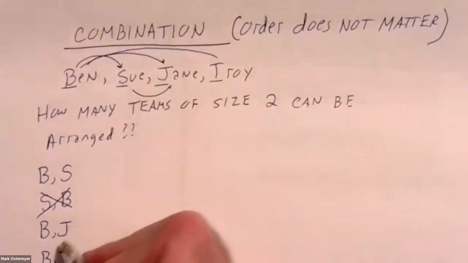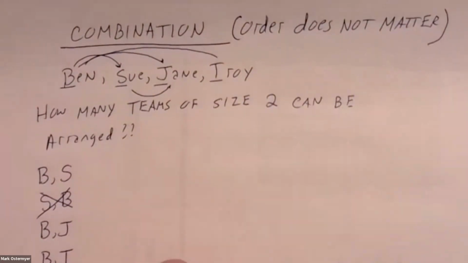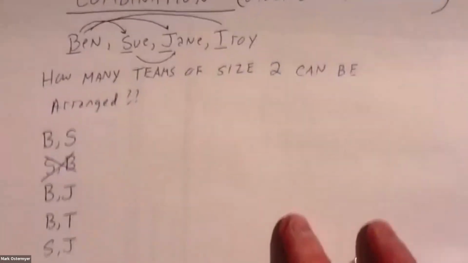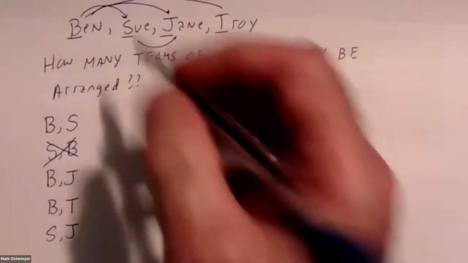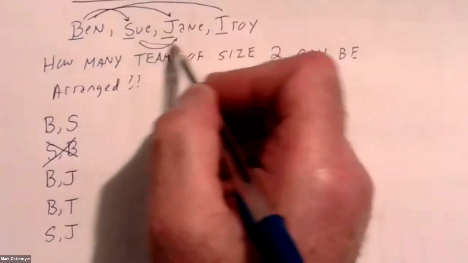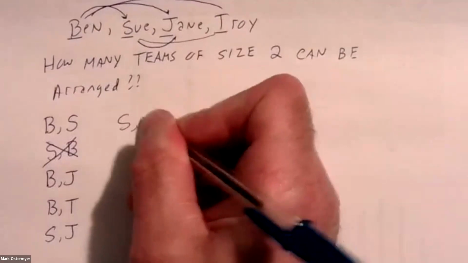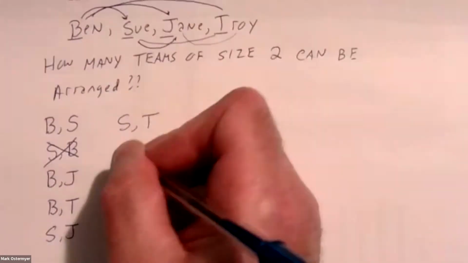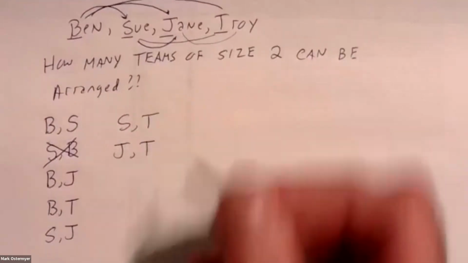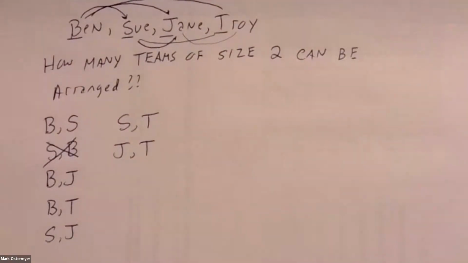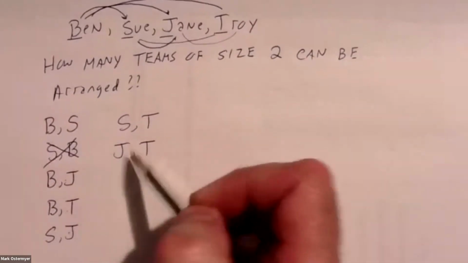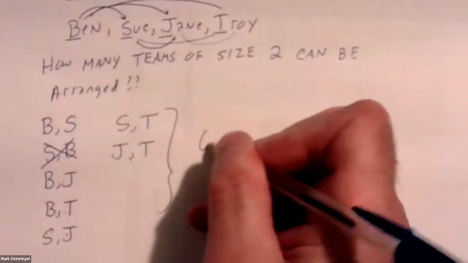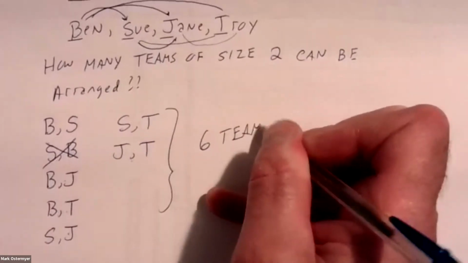Sue and Jane, or Sue and Troy. Done with Sue. Move to Jane. Jane and Troy. There you go. Those are all the teams of size 2 I could choose from these 4 people. How many is that? 1, 2, 3, 4, 5, 6. There's 6 teams possible I can put together here.